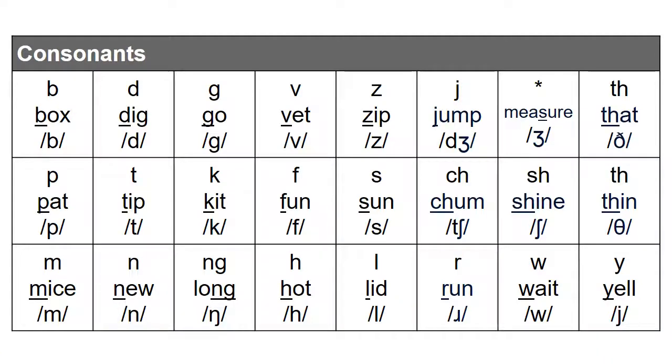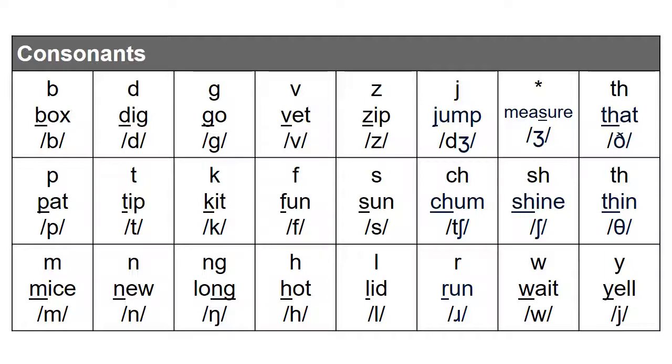Here is a chart that represents the consonant sounds in General American English. This chart may seem a little overwhelming at first, but we'll go through and explain it a little bit better. The first thing to keep in mind is that within each cell there are 3 rows. The first row represents the symbol or alphabet letter that is most often used to represent that sound in English. The second row represents a word that uses that sound.